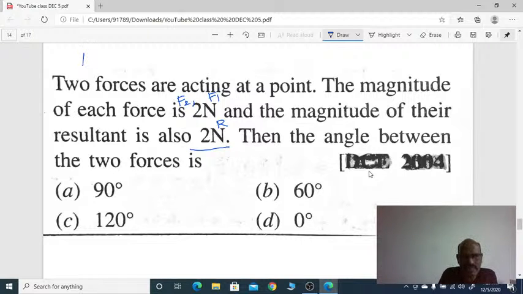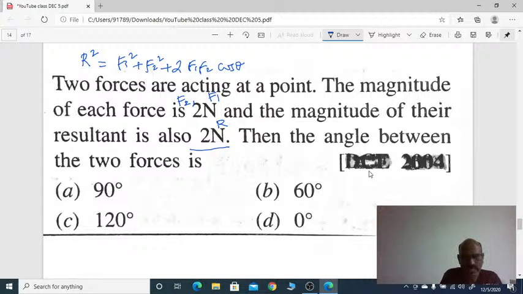Then what is the resultant vector? Resultant R equals the square root of F1 square plus F2 square plus 2 F1 F2 cos theta. Squaring, R square equals F1 square plus F2 square plus 2 F1 F2 cos theta.